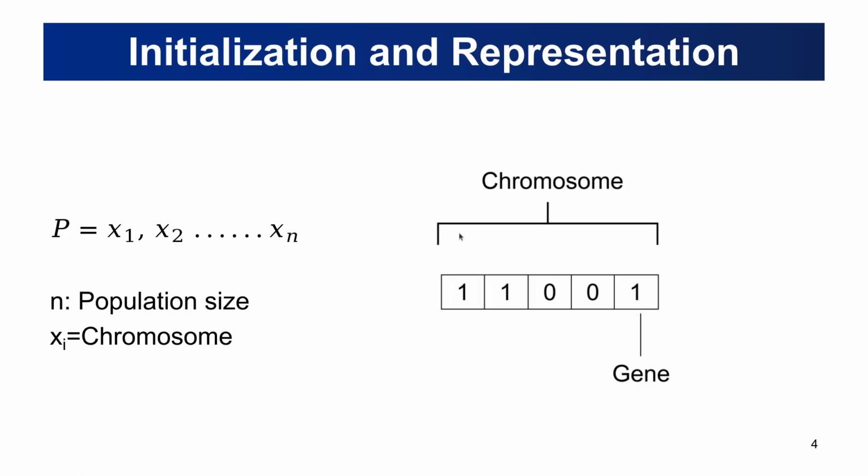What happens is that these bits get continuously flipped because of the evolutionary operators that we add, and at the end of the day, we get the one that finally gives us the best subset. As we are doing this flipping, we have several of these chromosomes which are initialized. So we have P, that's the population, X1, X2, X3. Each of them represents a chromosome, until the N, which is the population size, which has been defined here.